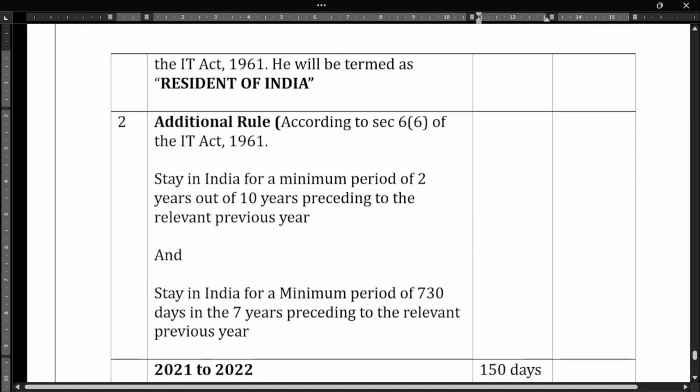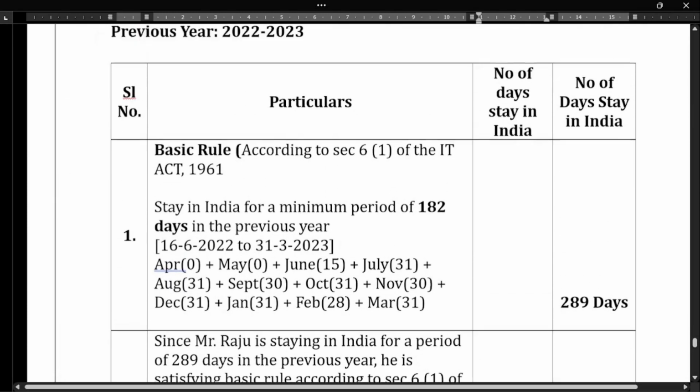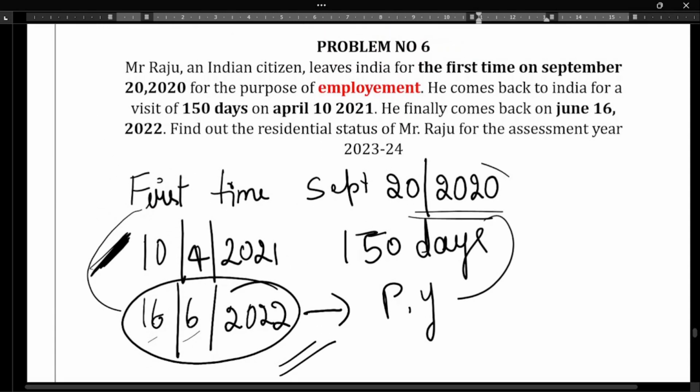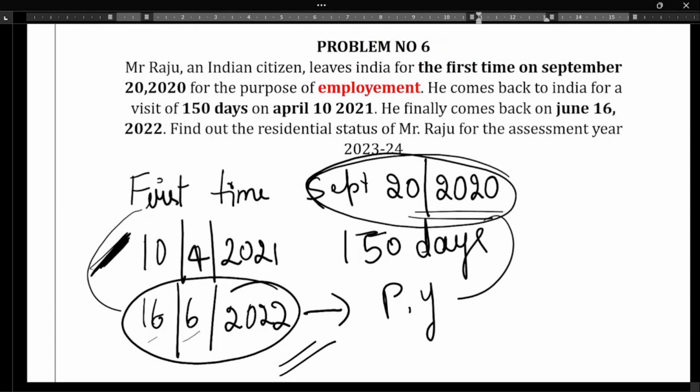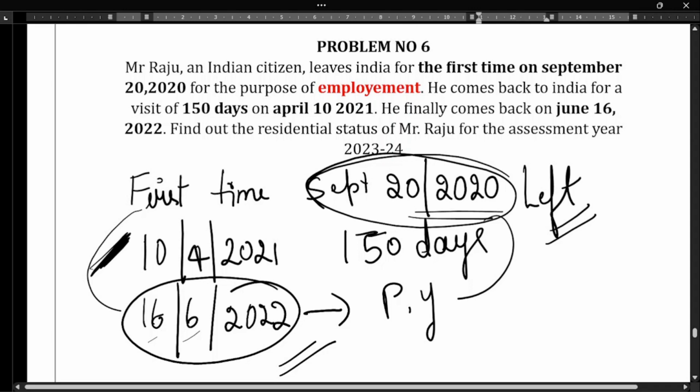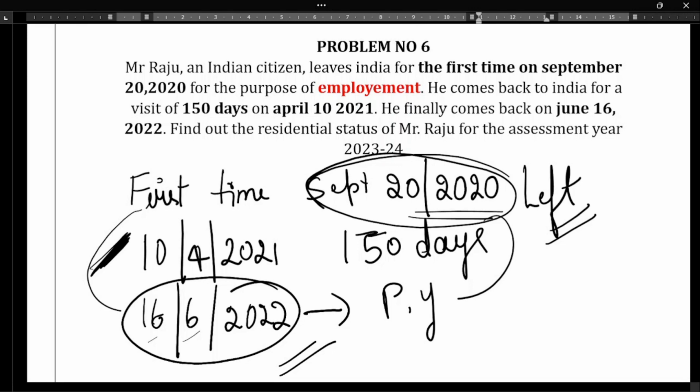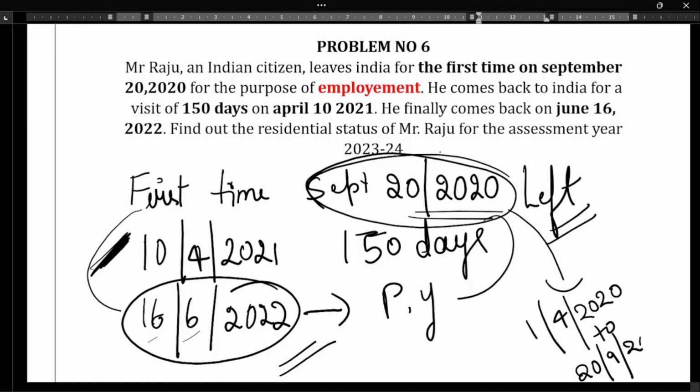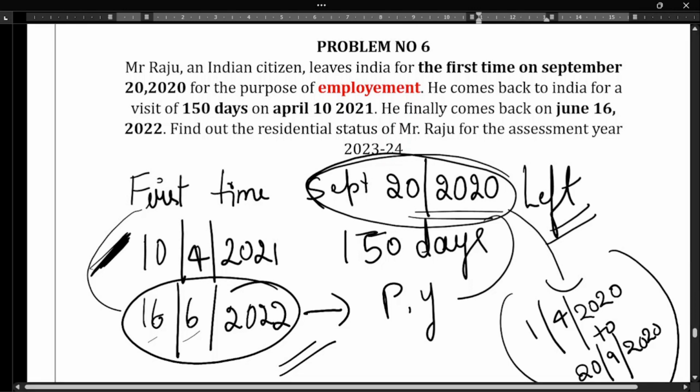Now for the year 2021 we need to check. For that year we have the information that he left India. So he left India on September 20, 2020. So we must count the 20th. Which means 1st April 2020 to 20 September 2020 he was there in India.